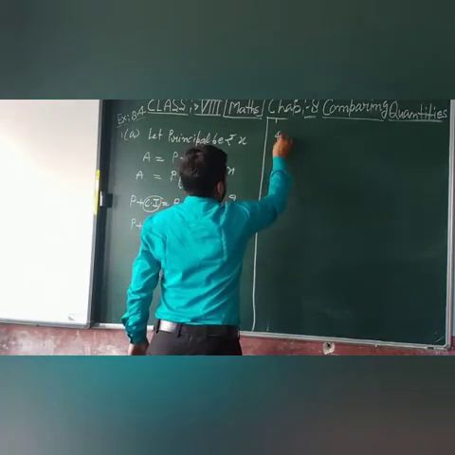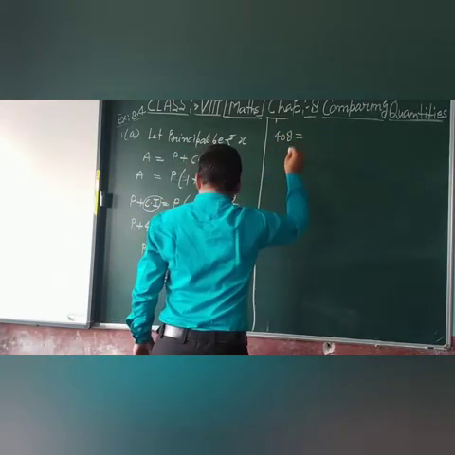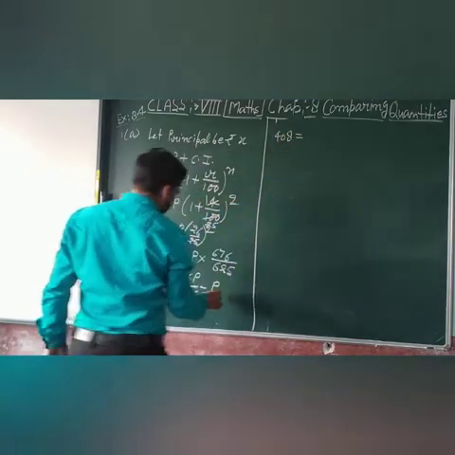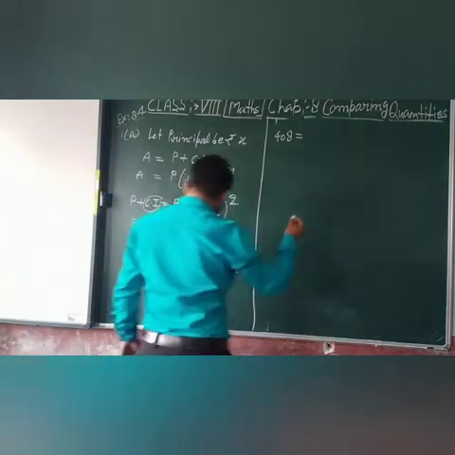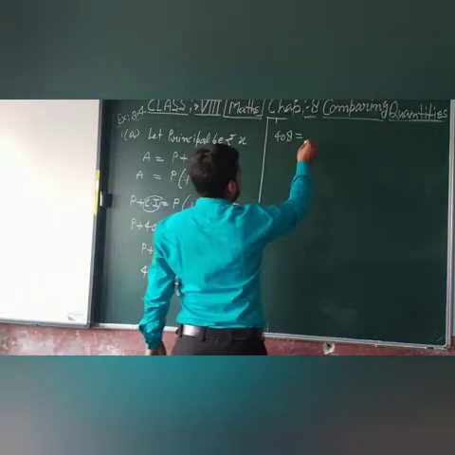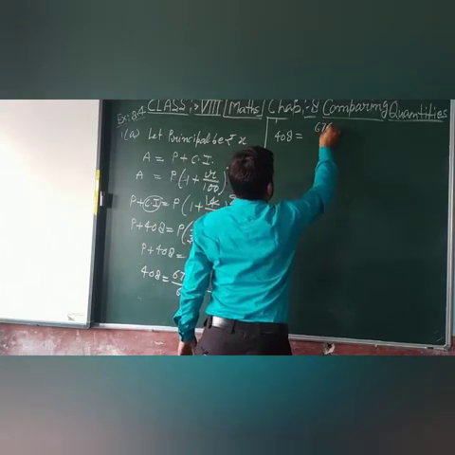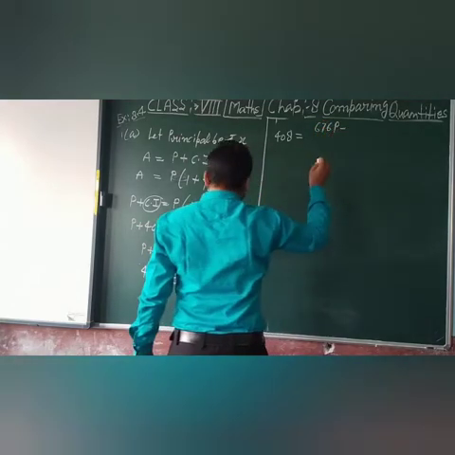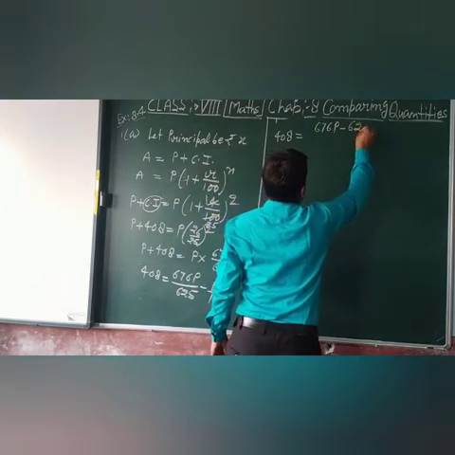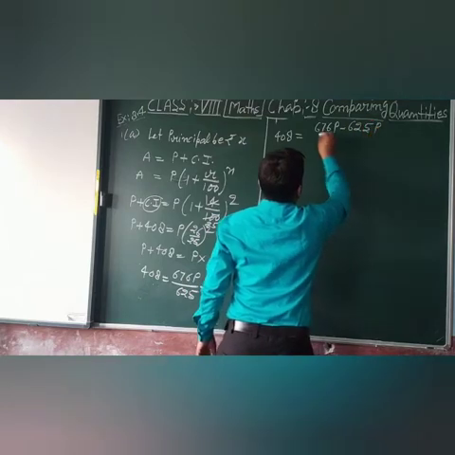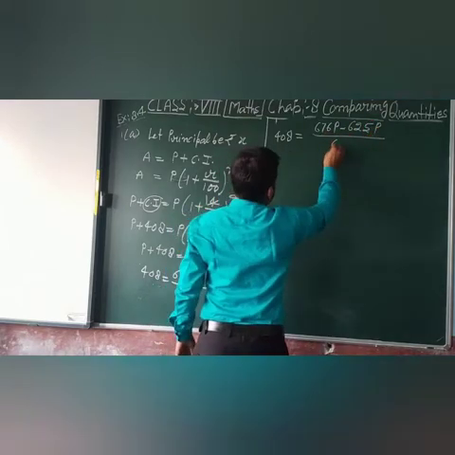So 408 equals, taking the LCM of 625 and 1, 676P minus 625P whole upon 625.